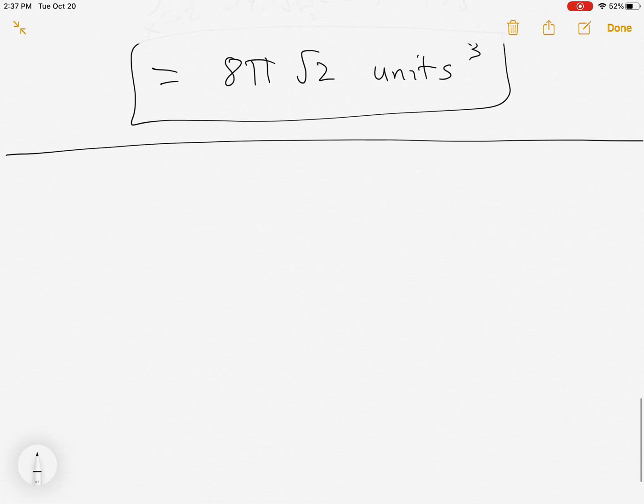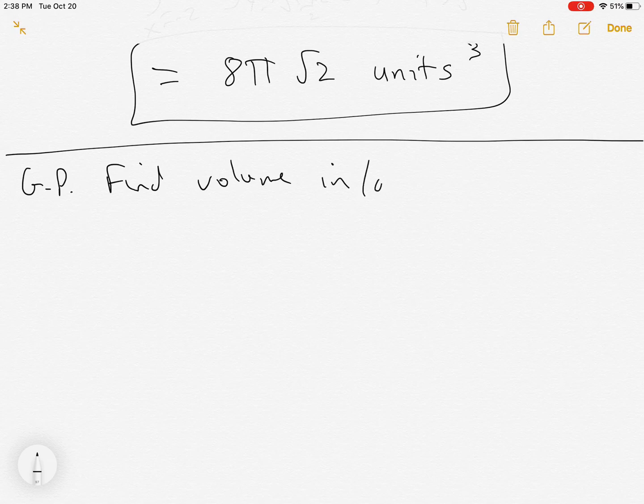Okay, here is a guided practice problem. Okay. You're going to find the volume in and above quadrant 1.